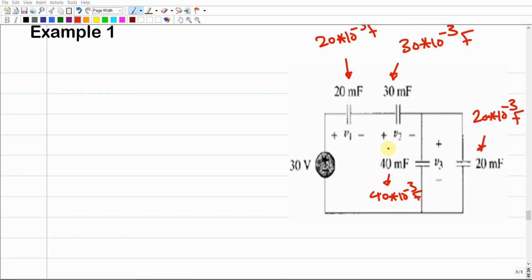So to solve this, let us say that we are interested in finding how much V3 is, which is the voltage over this capacitor or even this capacitor, because you should understand that in case we have two parallel electrical elements, wherever they are, resistors, capacitors, even inductors, they should have the same voltage, right?